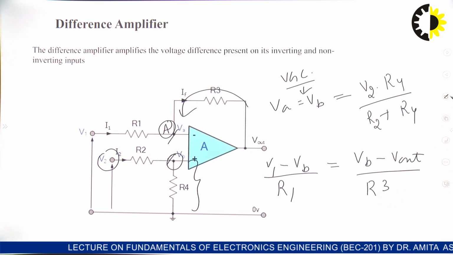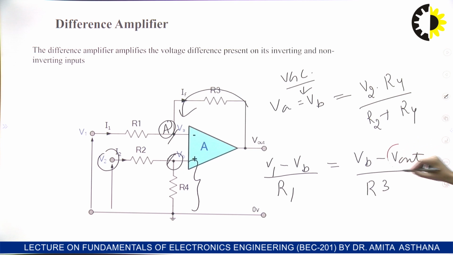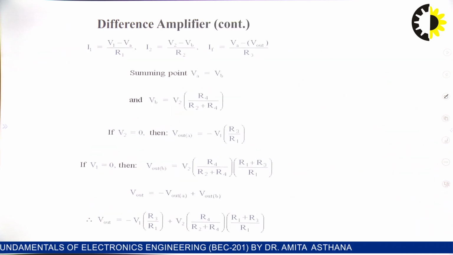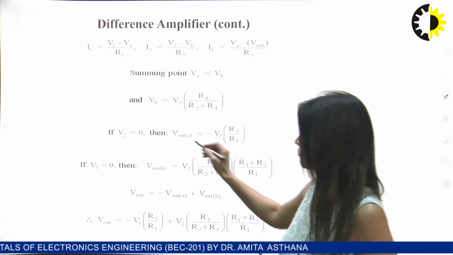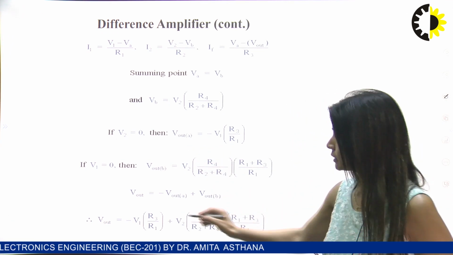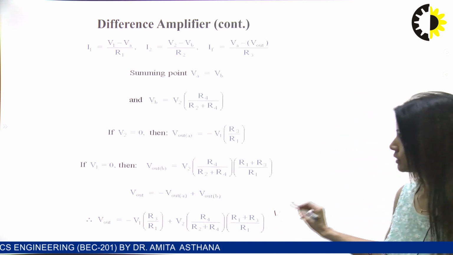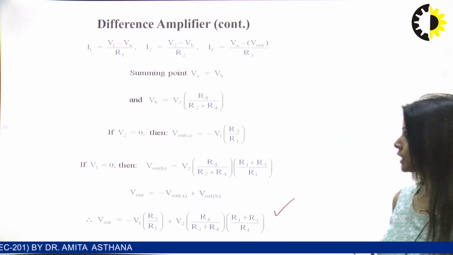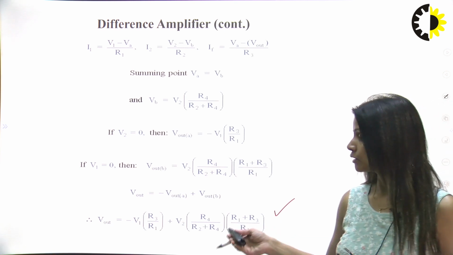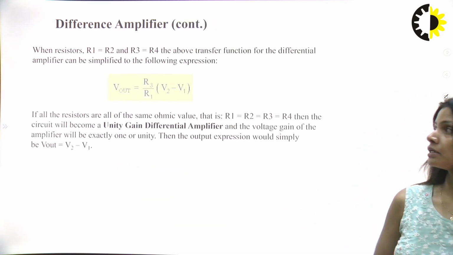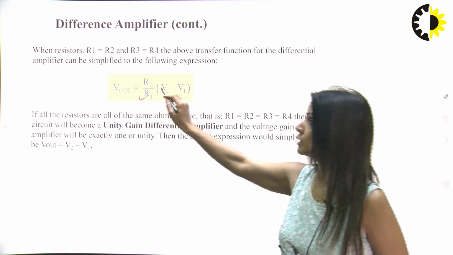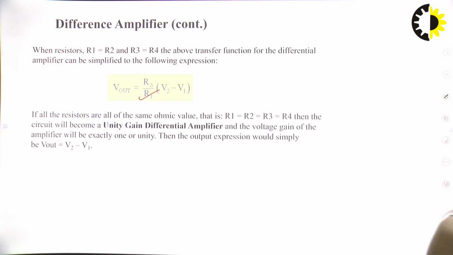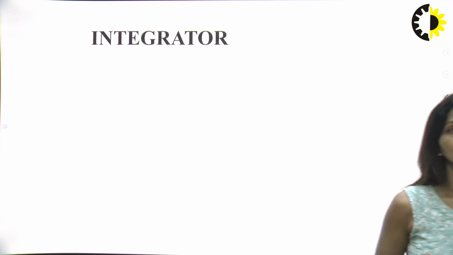Now we can solve for V out, and we get V out to be this expression. If all the resistances are equal, we get V2 minus V1 in the answer, multiplied by R3 upon R1. So the difference amplifier can be done accordingly.